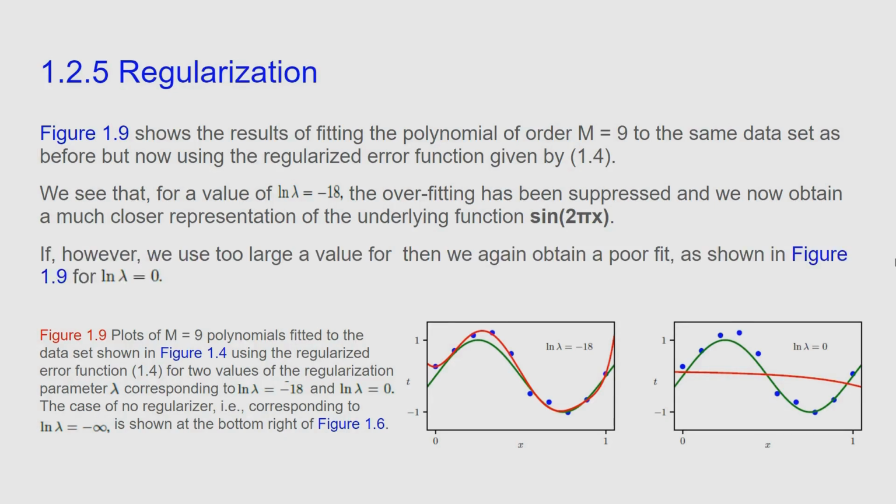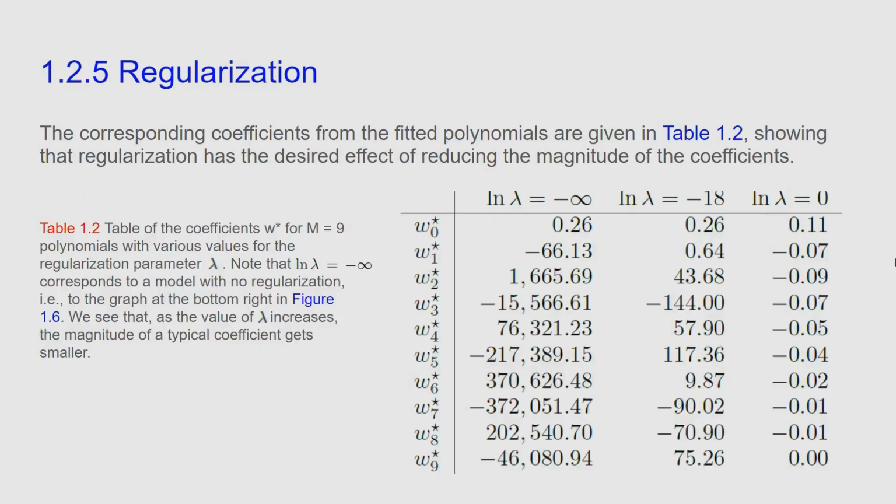If, however, we use too large a value for lambda, then we again obtain a poor fit, as shown in figure 1.9 for ln lambda equals 0. The corresponding coefficients from the fitted polynomials are given in table 1.2, showing that regularization has the desired effect of reducing the magnitude of the coefficients.